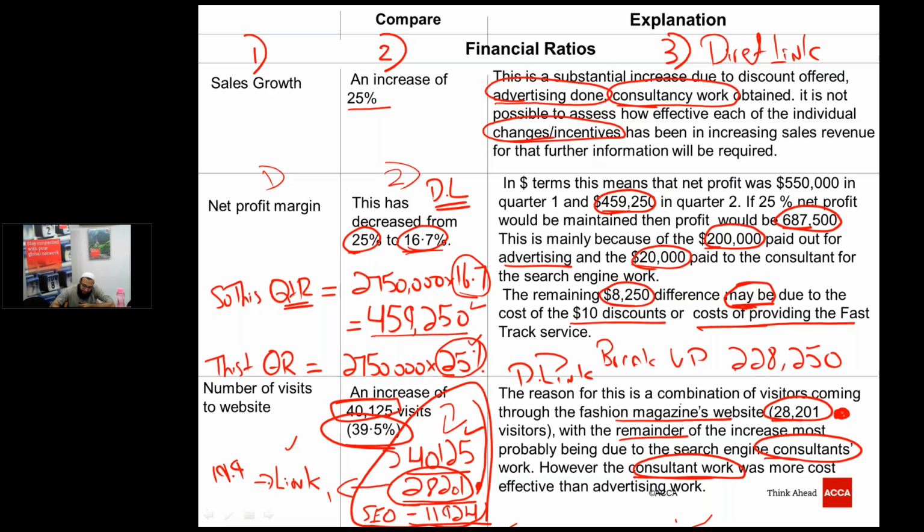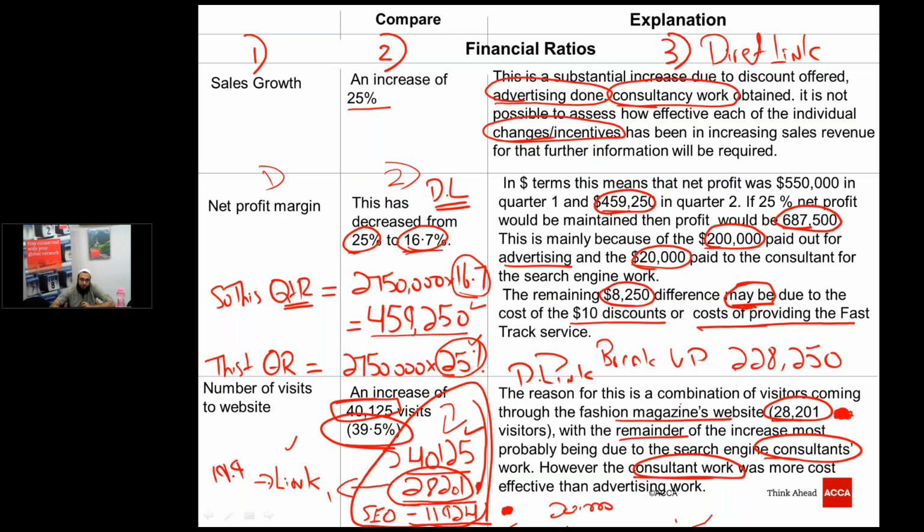And in the consultancy case, you paid just 20,000 and you got 11,000 people. So more cost effective is SEO rather than advertisement. 200,000 is too much for 28,000 people, and just 20,000 you paid to obtain 11,000. So SEO is more cost effective.